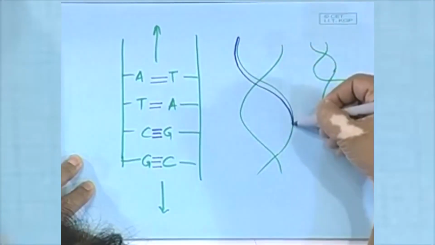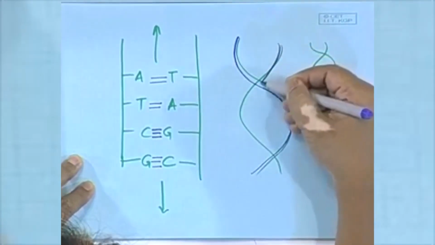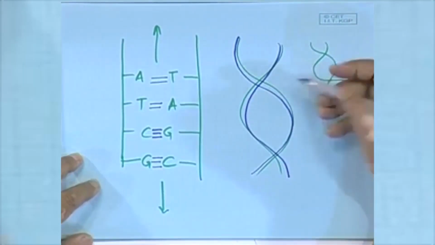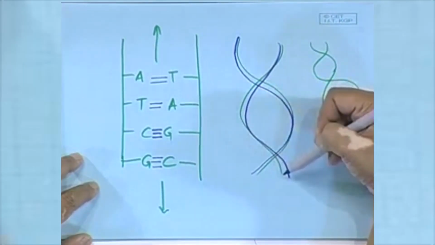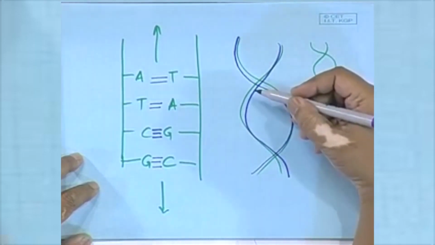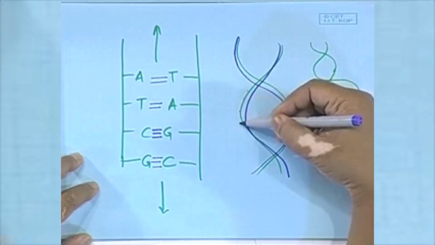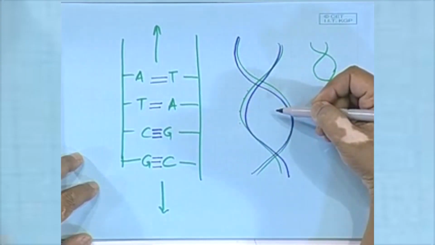This backbone is going to remain as far apart as possible, right? Because you have the phosphate. Now, if you have salt ions that are going to stabilize this, what is going to happen?